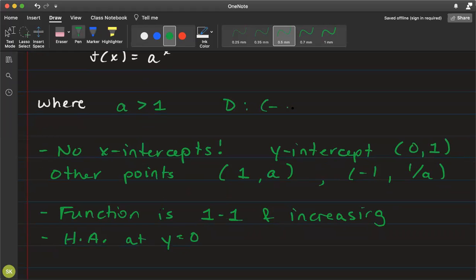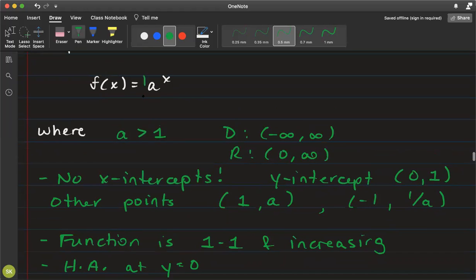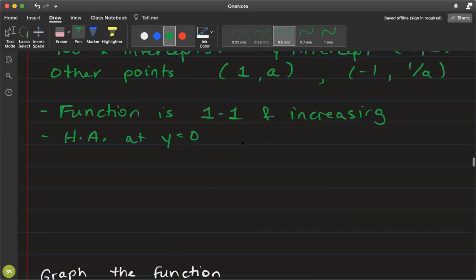The domain is all real numbers, and the range is anything from 0 to infinity. So that's always true when this number is greater than 1. Now, when we defined exponential functions, we said that a is anything that's a positive number, but not equal to 1, right? So we can also talk about things that are between 0 and 1. So that's the next step.